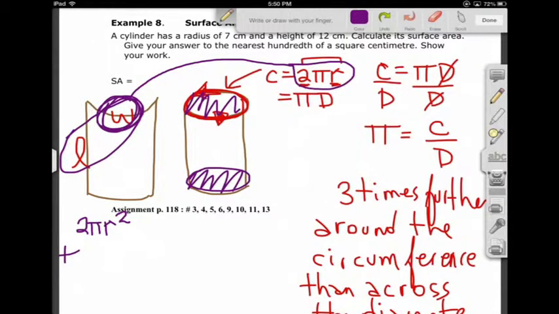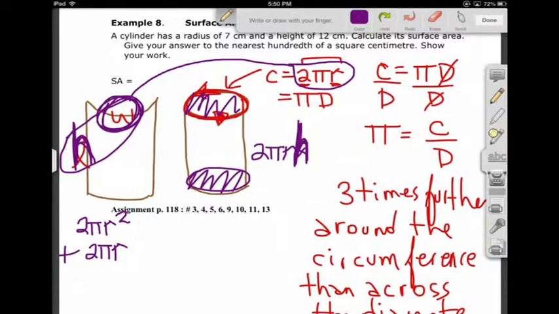We've got 2 circles plus the width, which is 2 pi r. And since width gets multiplied by height, we say 2 pi r times, let's call this height instead of length, 2 pi rh, like that. That's where the formula came from.